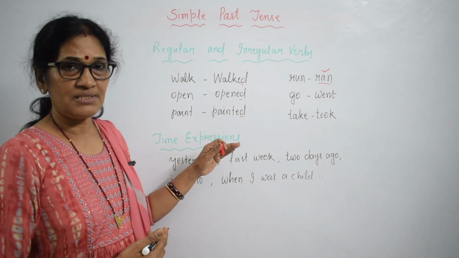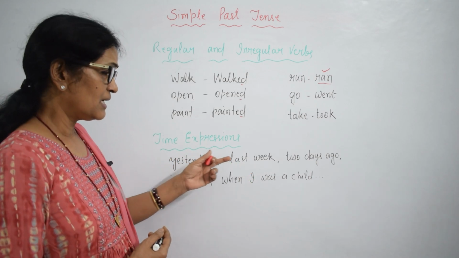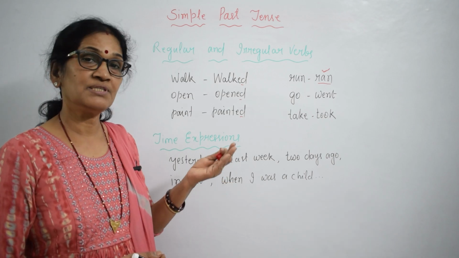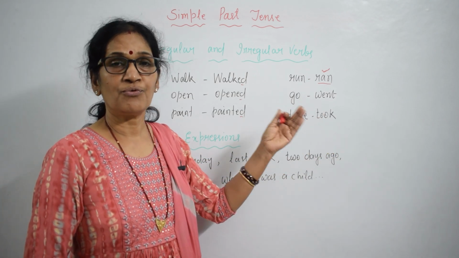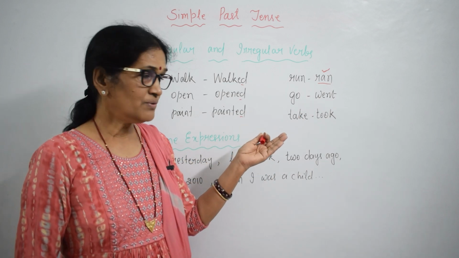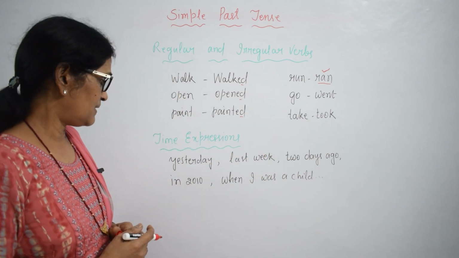Time expressions used in simple past are yesterday, last week. Last week means last week, last day, last month, last year. Okay, 2 days ago, 1 day ago, 4 days ago, 2 months ago, 5 months ago, 5 years ago. Such types of phrases we use for simple past.